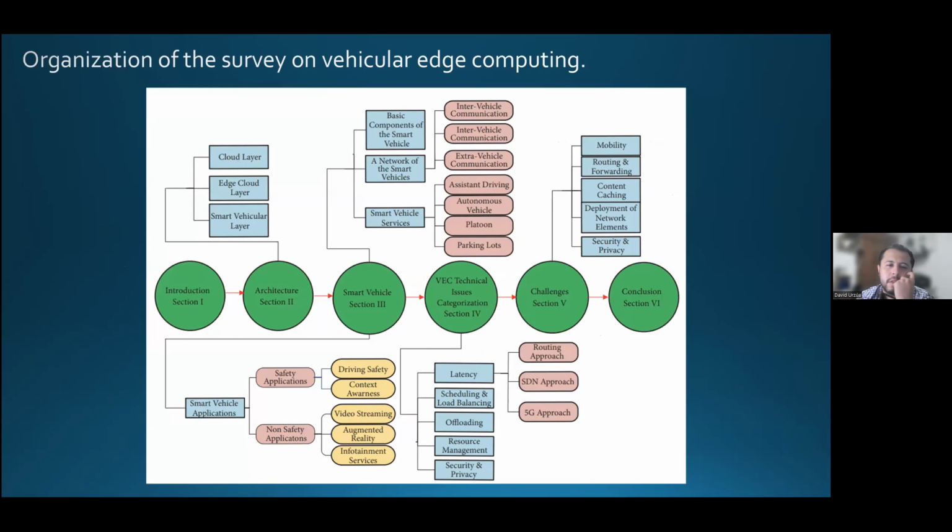We are going to cover all these topics, but in a very short way: the architecture of vehicular edge computing, the smart vehicle, and the issues of implementing that architecture on the roads right now.